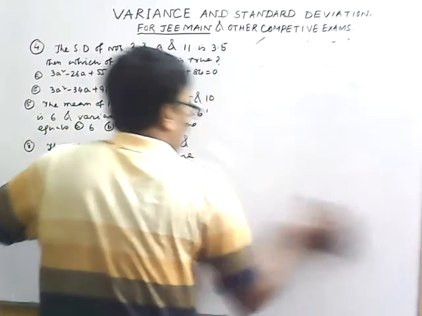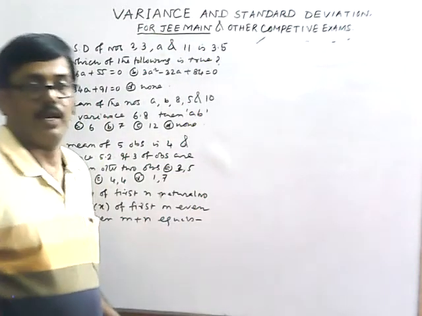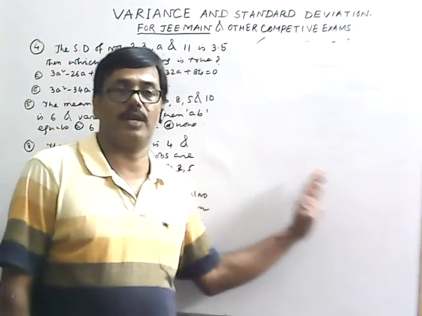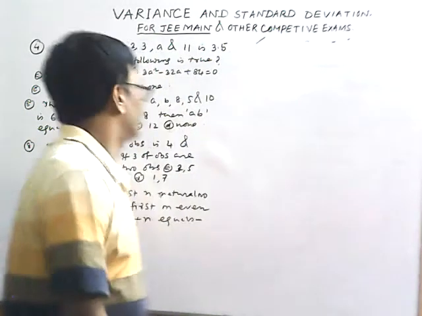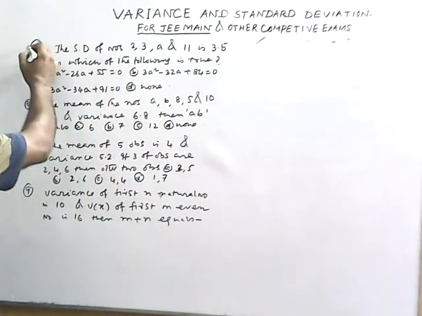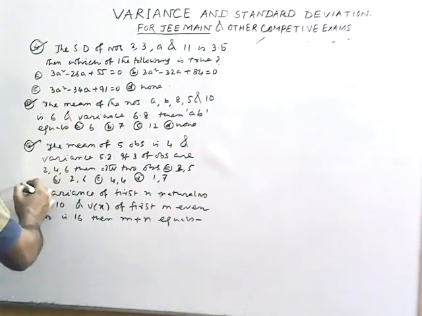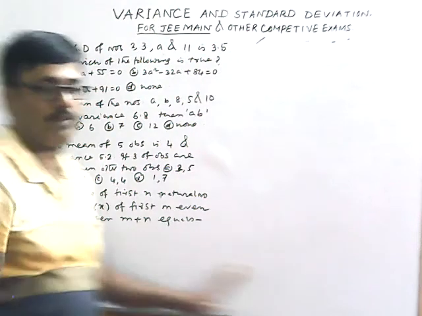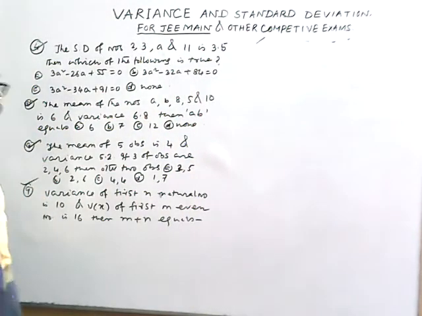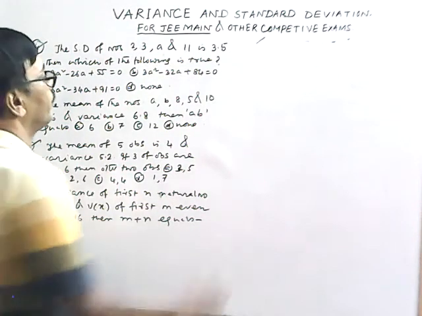Look, first we consider the problems; you have to see the description in the list. Problem numbers 4, 5, 8, 9 are of the same type. Problem number 9: the variance of n natural numbers is 10.